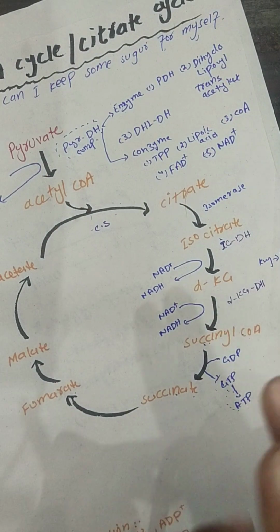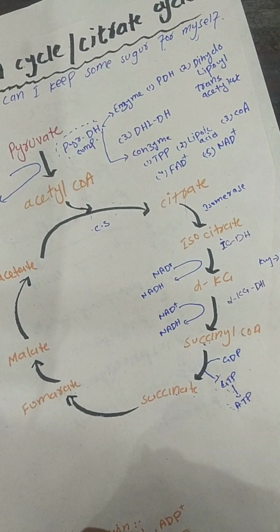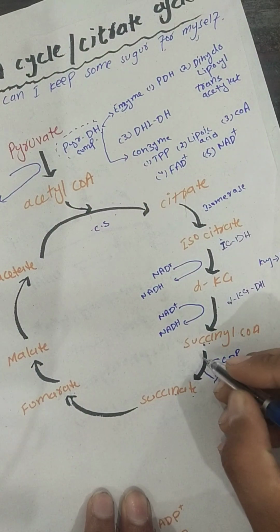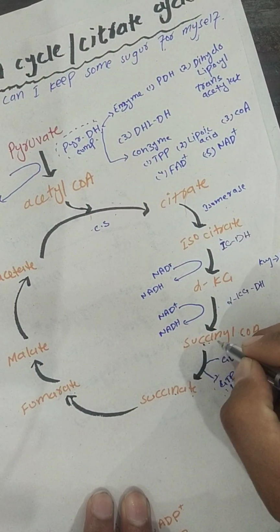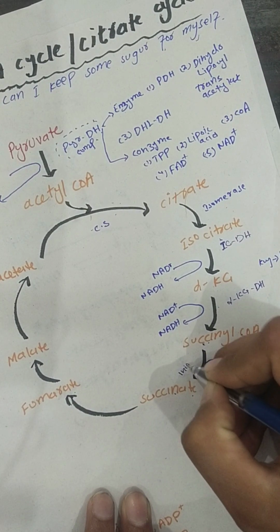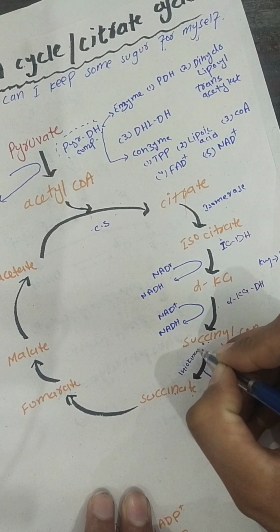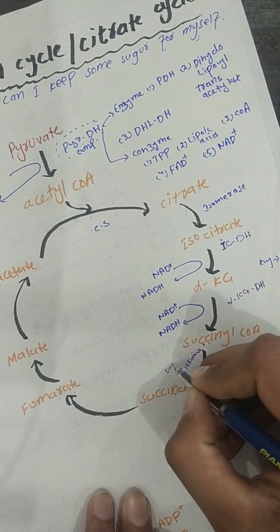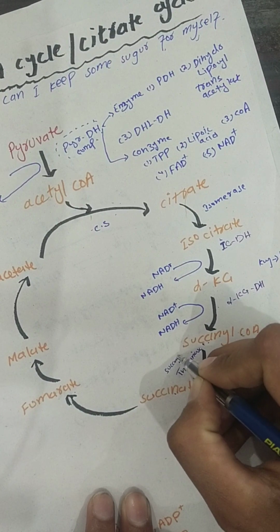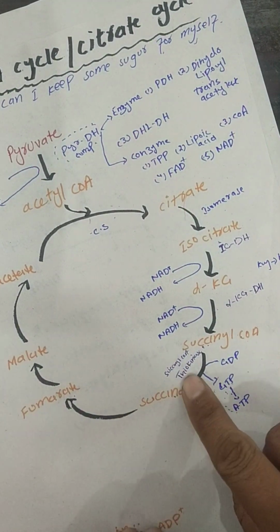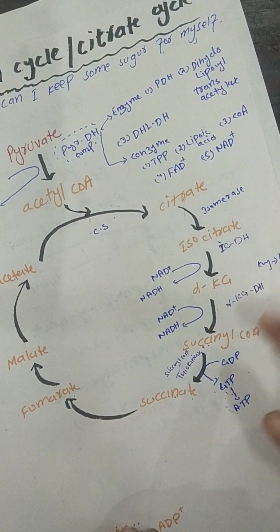In the previous lecture I also told you this, and it is repeated here. The enzyme for this reaction is called thiokinase, succinyl CoA thiokinase. So you can simply know that thiokinase is involved.